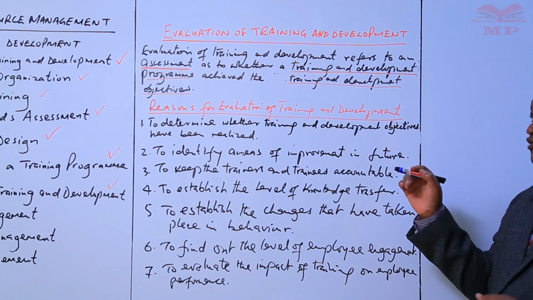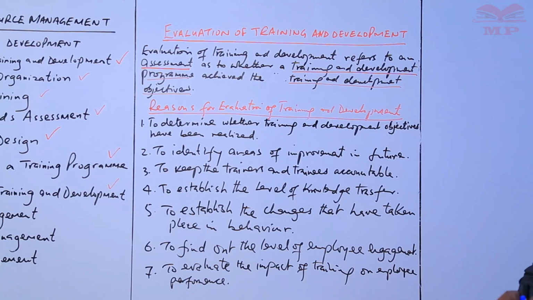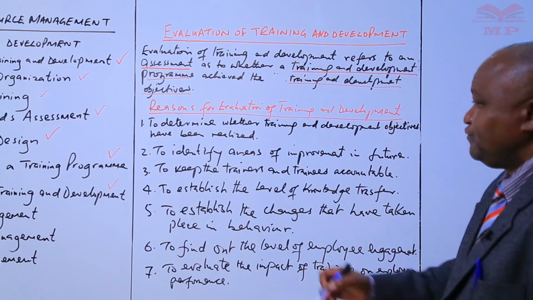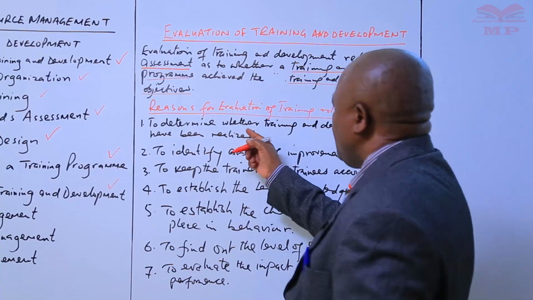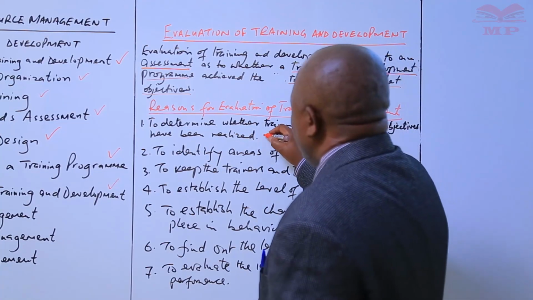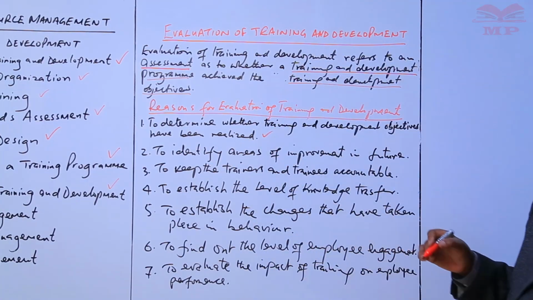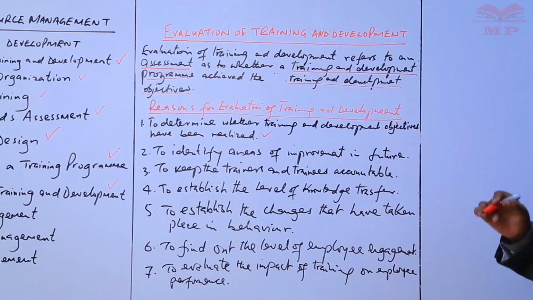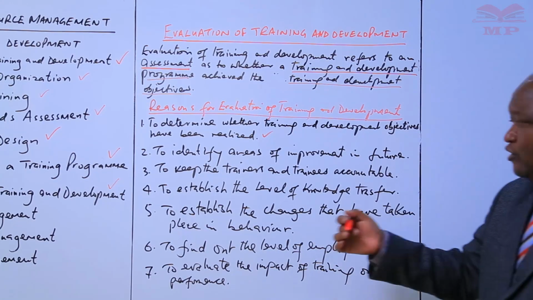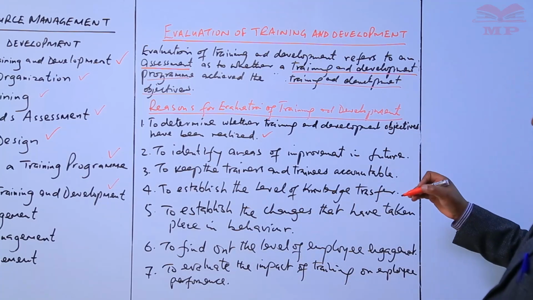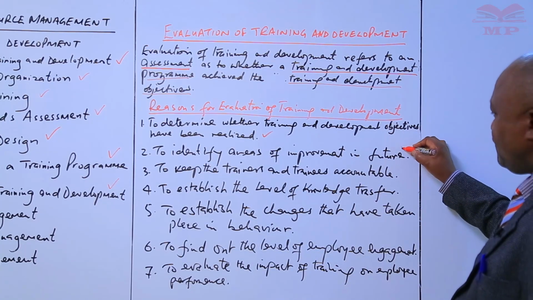Now, what are some of the reasons for evaluation of training and development? Some of the reasons, dear learner, for evaluating a training and development program are, number one, to determine whether training and development objectives have been realized. Two, to identify areas of improvement in future.